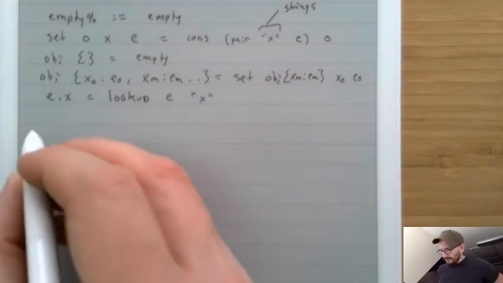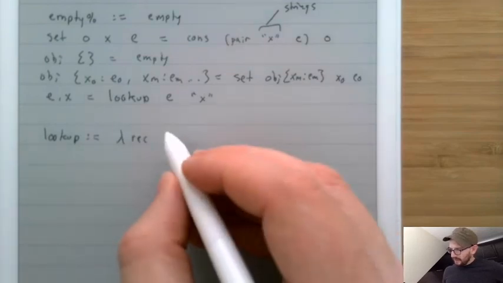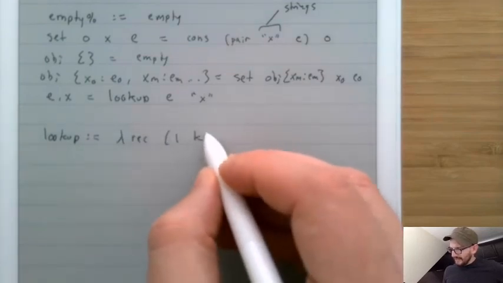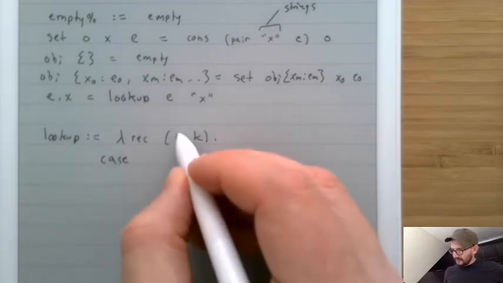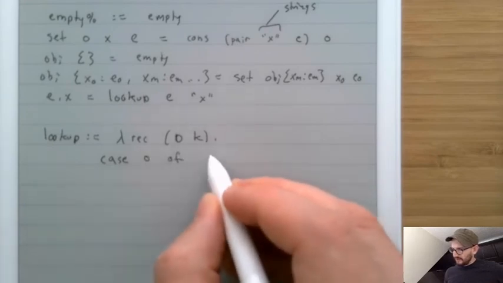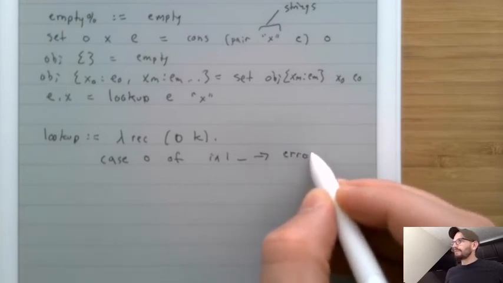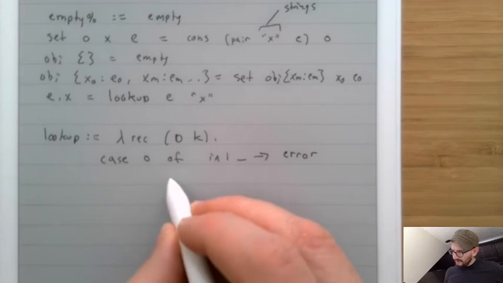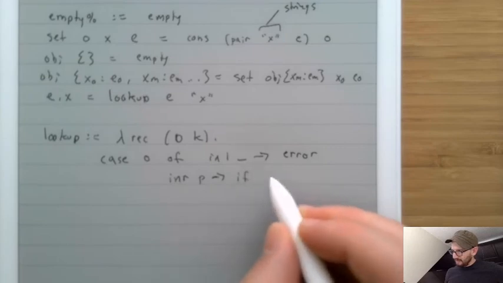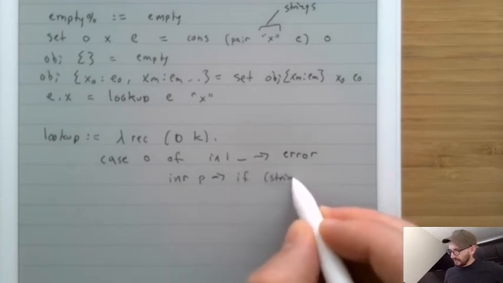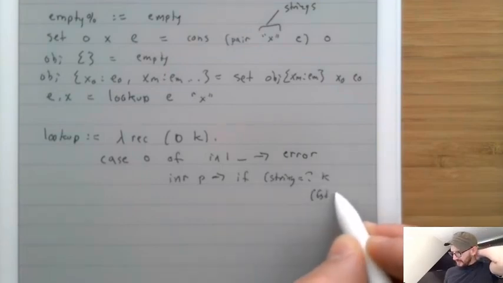Lookup is a function that you could write. So lookup would be a recursive function that takes in an object and a key, and what it's going to do is say case of in left, so if it ever got empty, then it would error. And if we ever got in right of a p, then what we would do is say if we call some function like string equals k and the first thing inside of p.